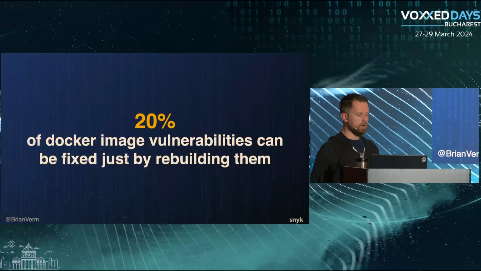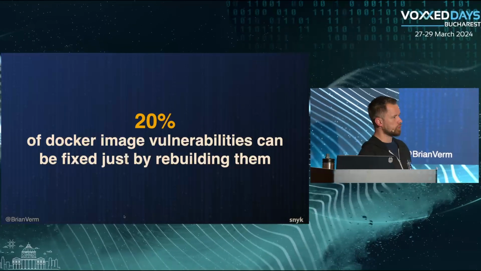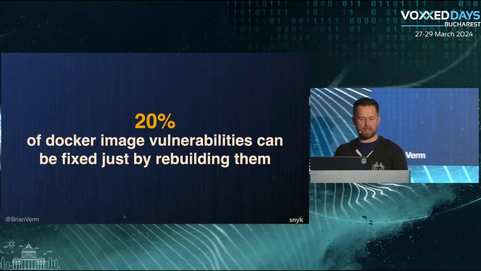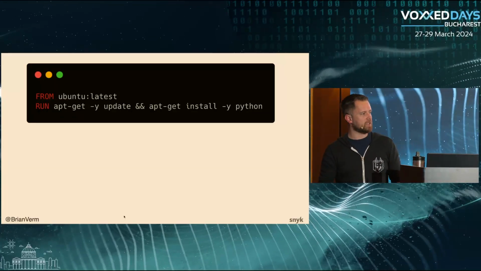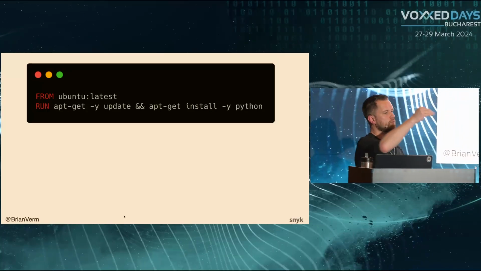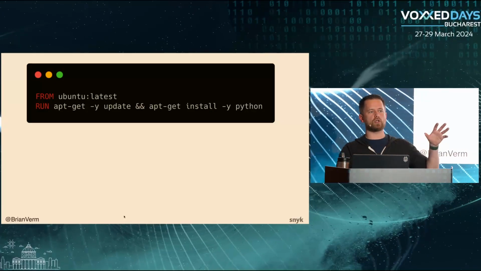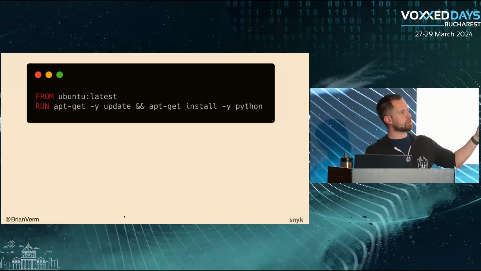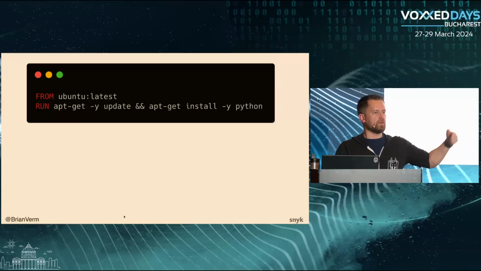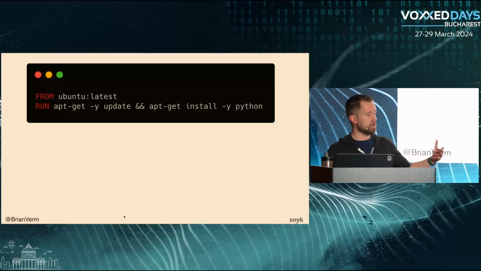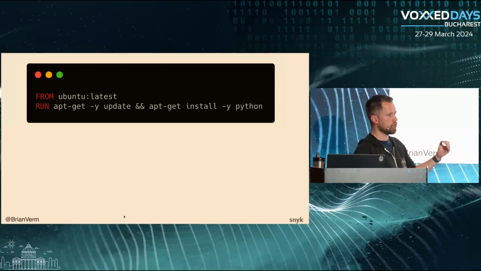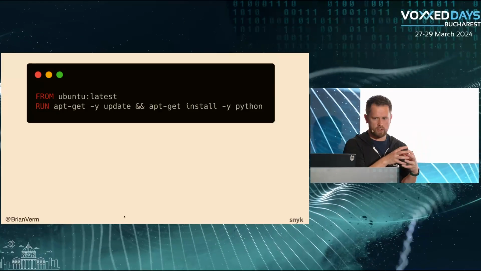Why? Because people don't specify tags or use a dynamic tag. For instance, if I do Ubuntu latest, and then I get a Python installation, that will be different today than it will be tomorrow. We can argue whether this is a good approach or not, but if you use it, then you know that rebuilding the latest Ubuntu image will be different in a week or in 2 weeks. It probably fetched new security upgrades.